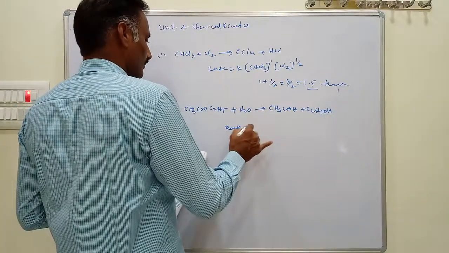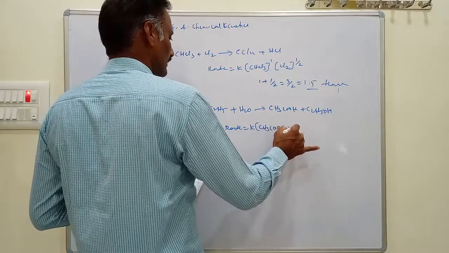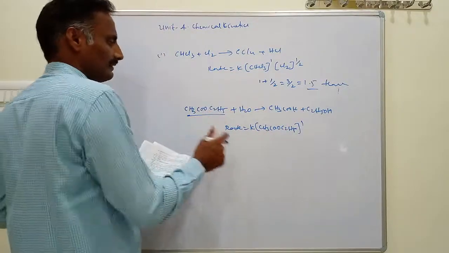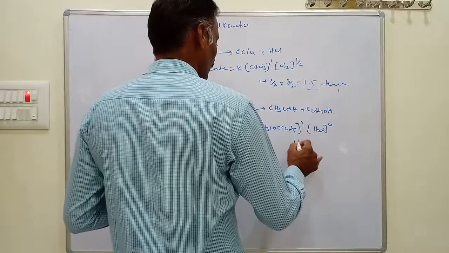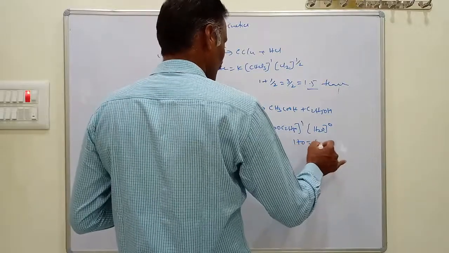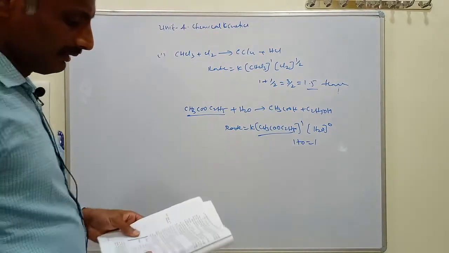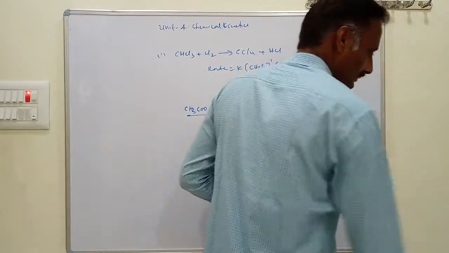Rate equal to k[CH3COOC2H5]. With respect to the ester, the order is 1. With respect to water, the order is 0. Then overall order equal to 1 plus 0 equal to 1. This is called a pseudo first order reaction. This type of question is asked in examinations.